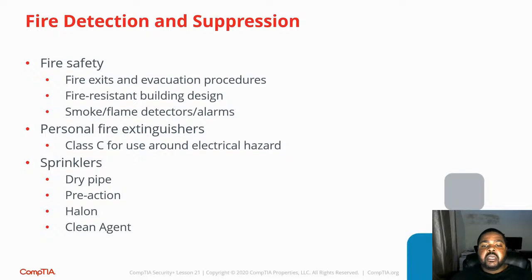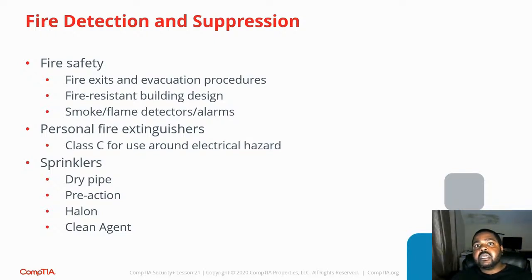So in that case, if you're on the job and you have to make the decision, I would say go with a water suppression and risk losing the data rather than damaging someone's health, because some of these suppressions will take all the air out of the room in order to kill the fire. Some will put in some poison, some gas in order to kill the fire.